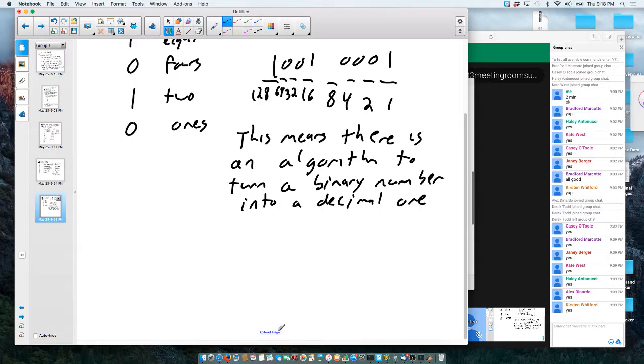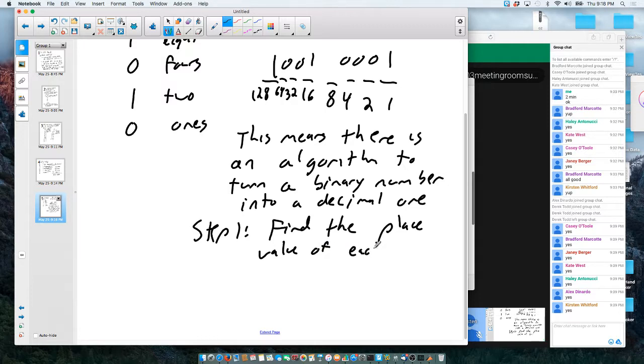So algorithms like we did last time. Step one, find the, let's call it place value of each bit. And so this is the place value 1, this is the place value 2, all the way down across.